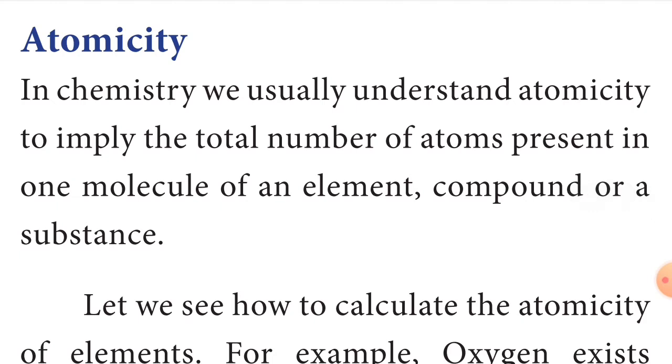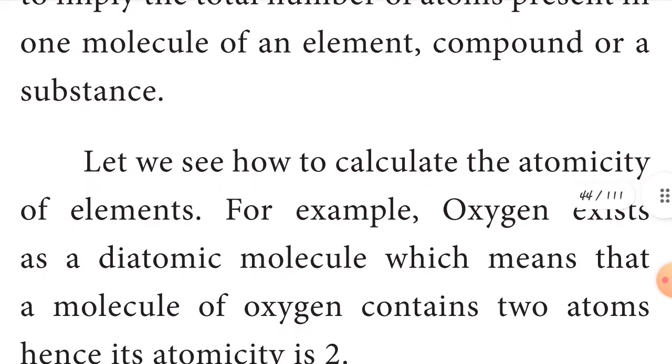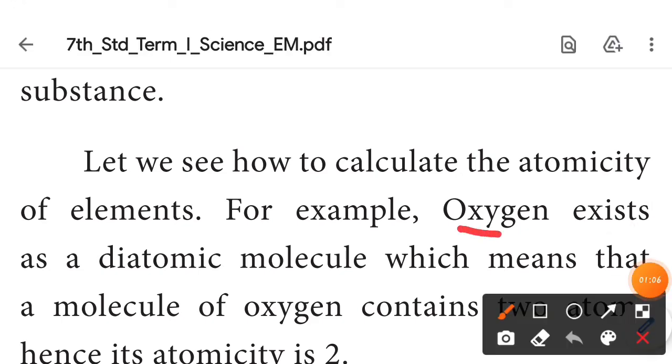What is atomicity, children? Atomicity implies the total number of atoms present in one molecule of an element, compound, or substance. That is called atomicity. Now let's see the examples of atomicity. Diatomic molecule. You know oxygen, okay?